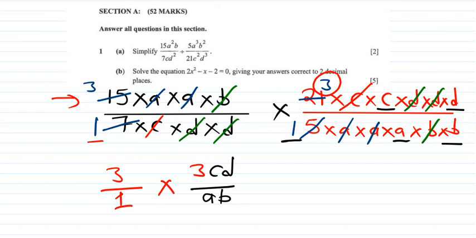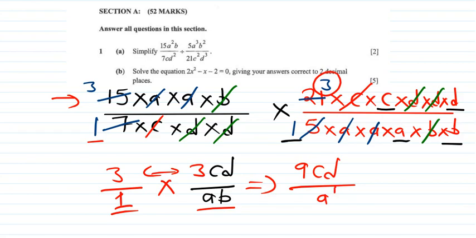If we simplify this, 3 times 3 will be 9cd, and then 1 times this will just be ab. So that is our final answer. That's how you can simplify. I took a lot of time so that you can just get the basic idea there.